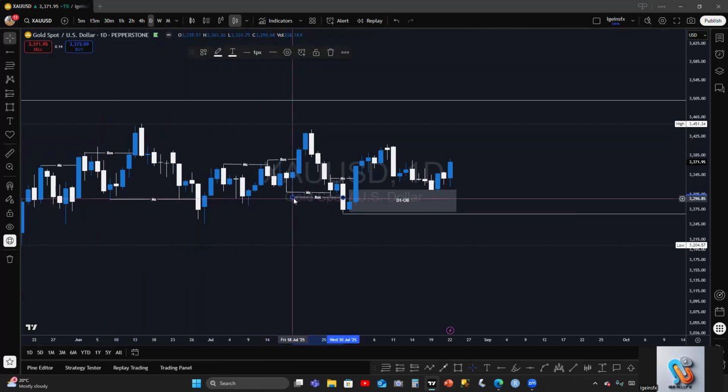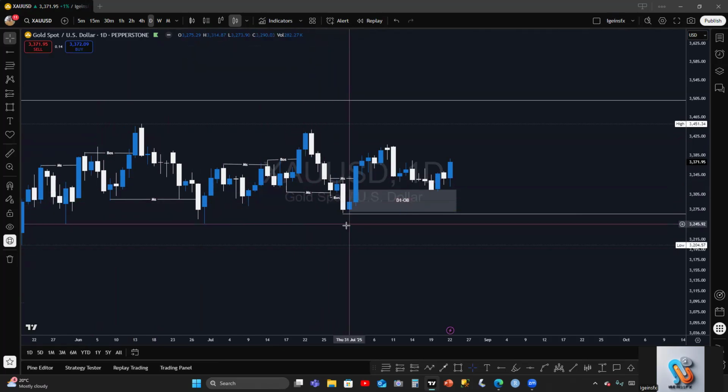This push to the downside is a break of structure. Then before this push to the upside, this is the order block that caused this push to the upside.